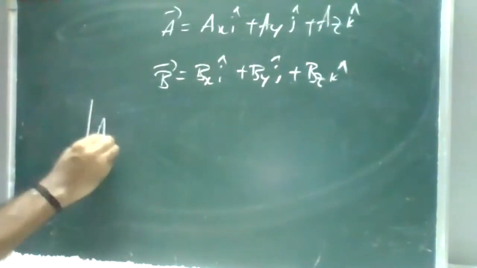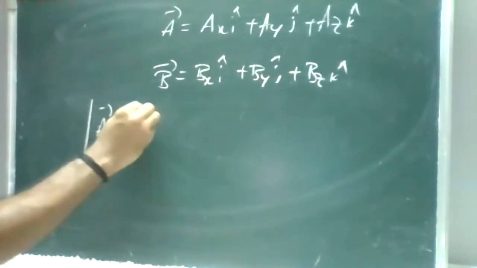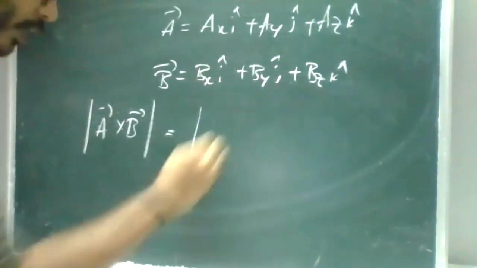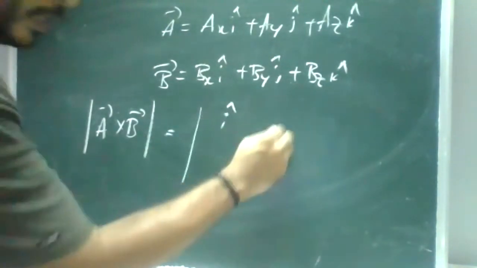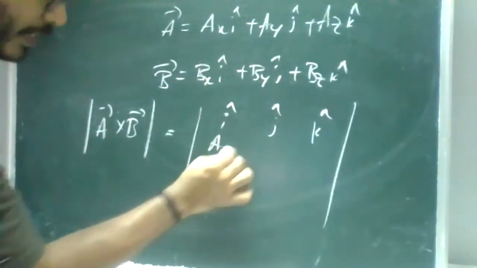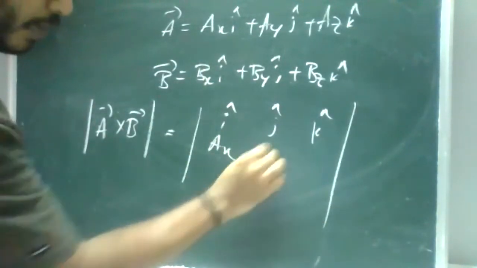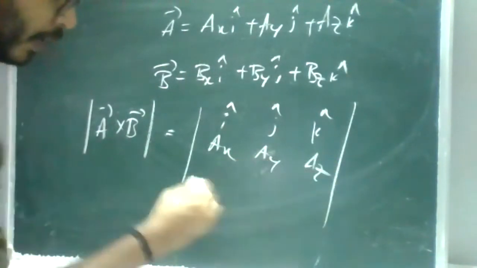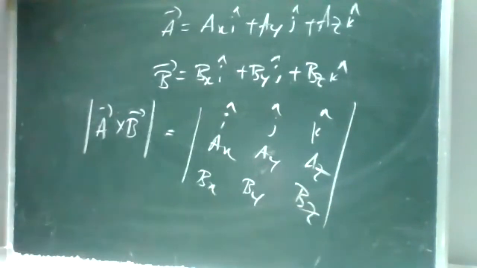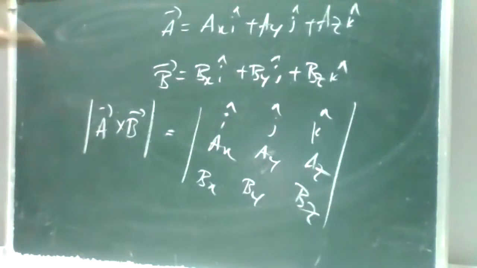So A cross B is equal to, in the vector format itself, with respect to i, j and k. The first row is AX, AY, AZ and the second is BX, BY, BZ. We have to consider the directions with respect to the axes.